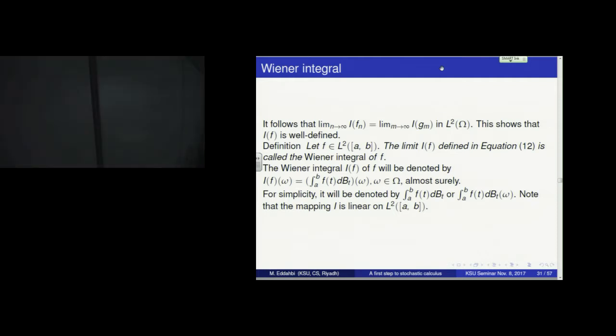I cannot use this; it has no meaning, because in order for this object to have a meaning, f or B should be of bounded variation, at least one of them. Which is not the case: f is in L2, and B, we have not yet seen that B is not of bounded variation, but we are going to see this very quickly.